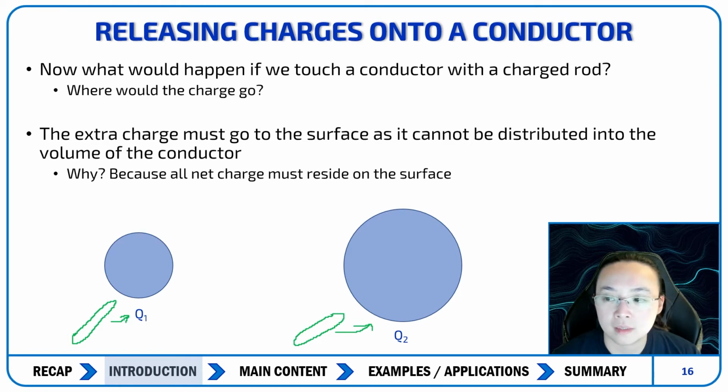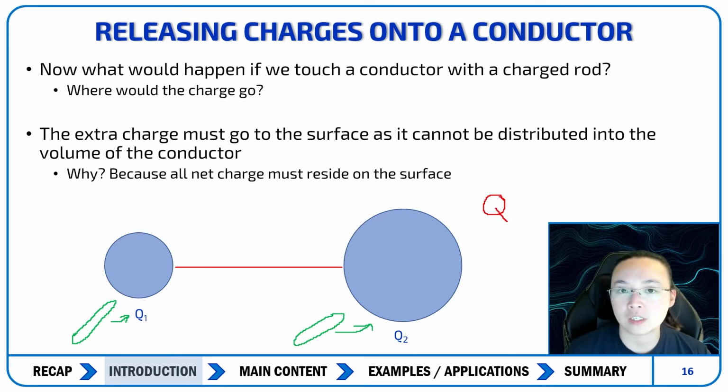Now, what happens in example number 2, what happens if we connect the two of these together through a massless conducting string? So if that happens, then what happens to the charge distribution? We know that there's Q1 and there's Q2, so the total charge is Q, where Q is equal to Q1 plus Q2. Since these two conductors are now connected through a negligible conducting string, we can consider it as one system.